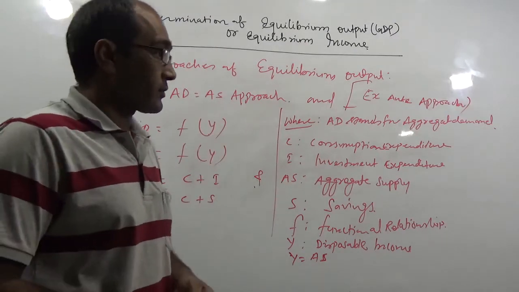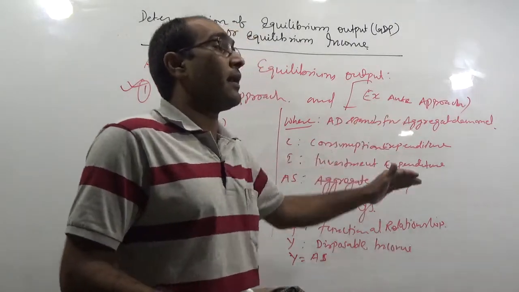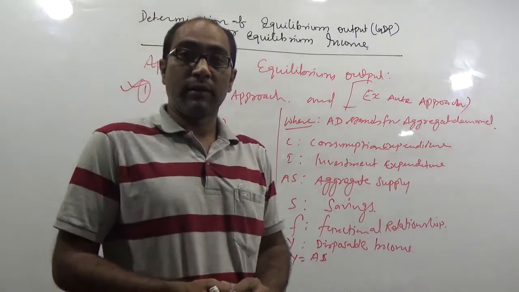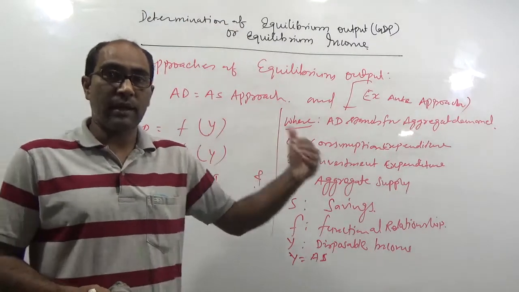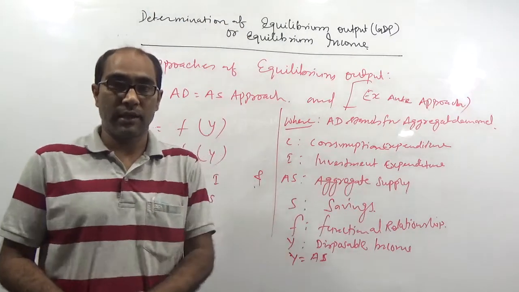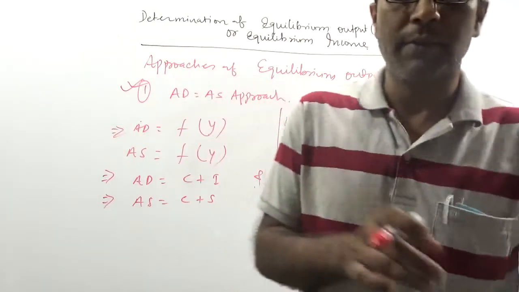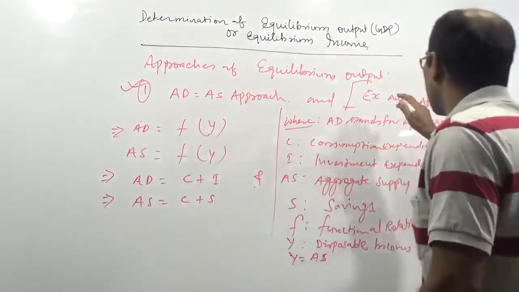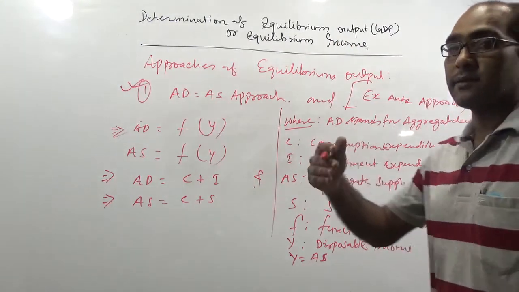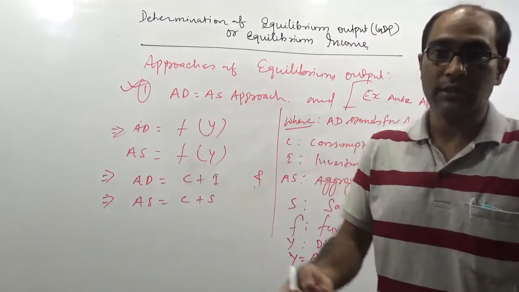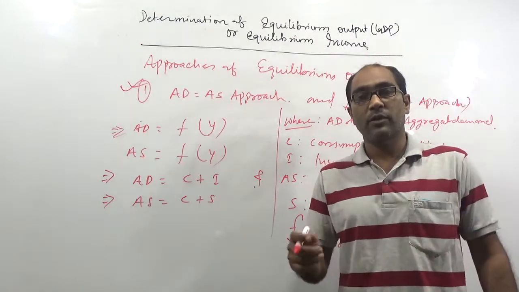Ex-ante means it is the planned value. The value of each and every element we are considering here is ex-ante in nature. There are two types of economic variables: one is ex-ante, another is ex-post. Ex-post is the realized statement of expenditure.